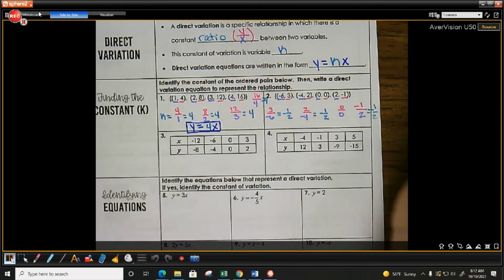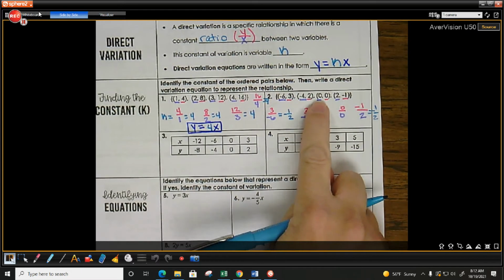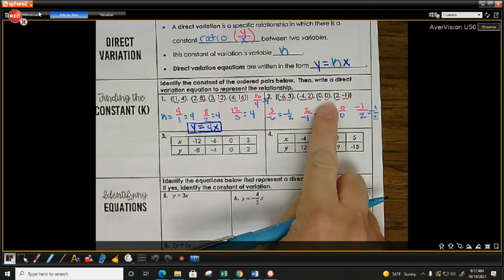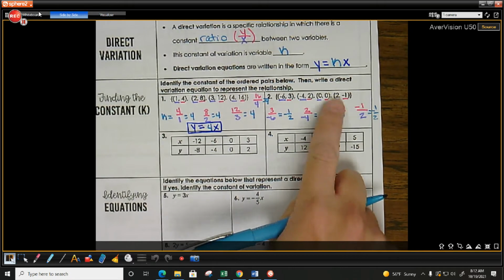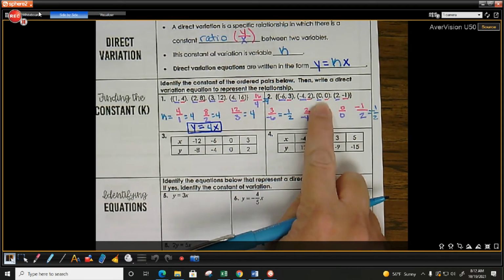Negative 1/2. So guys, could I multiply 0 by negative 1/2 and still get 0? Yeah. 0 times negative 1/2 is 0. This just means it goes through the what? Origin. All direct variation problems must go through the origin because your b has to be 0.